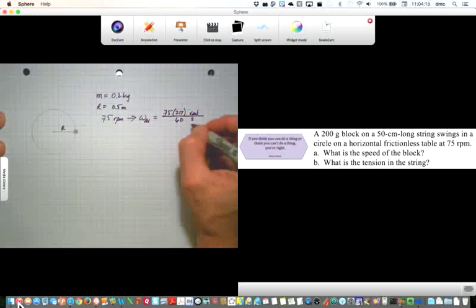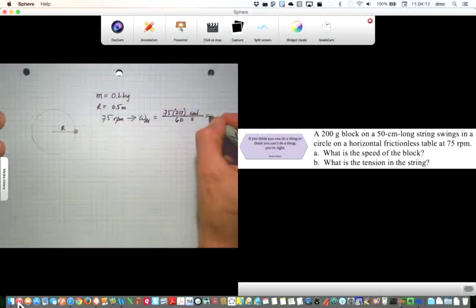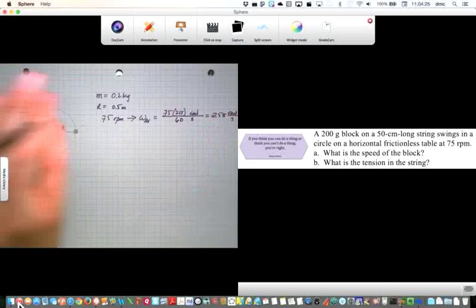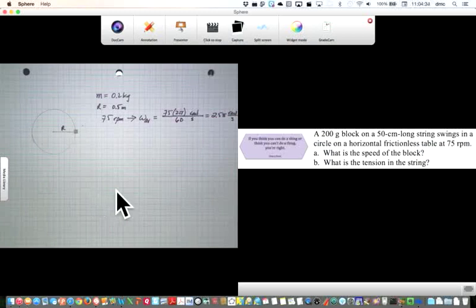So that's going to give us radians per second, and that turns out to be 2.5 pi radians per second. And so what we want to know is what is the speed of the block and what is the tension in the string. All right.